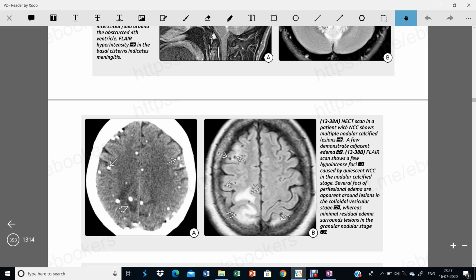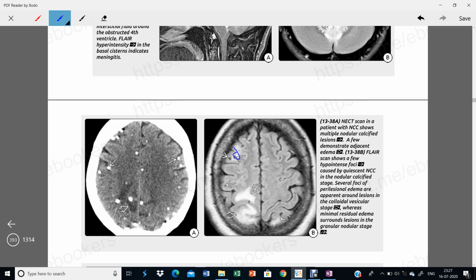In FLAIR MRI, this is a small hypointense lesion. Obviously, it is a calcified lesion. This small black dot, and these are the calcified lesions.